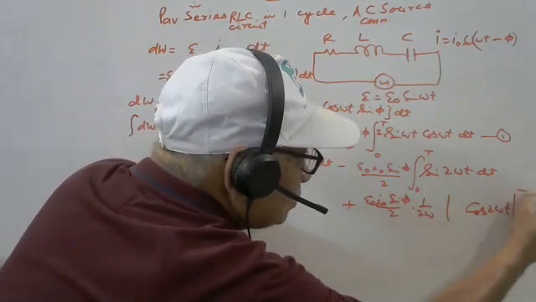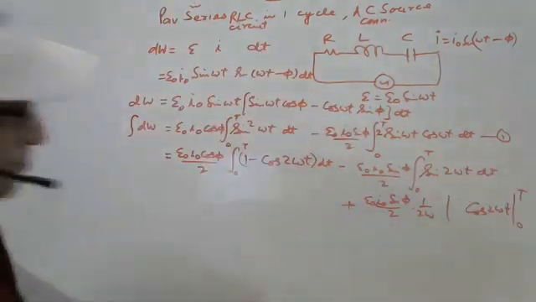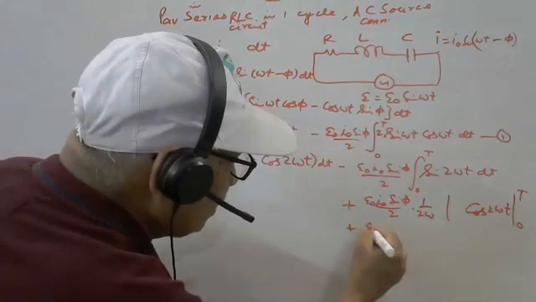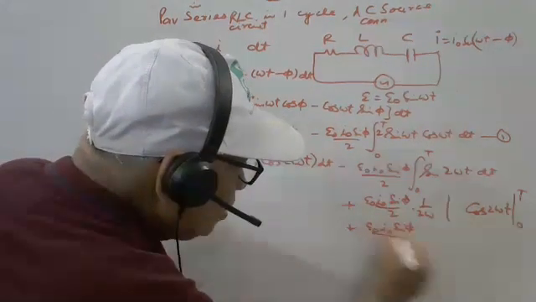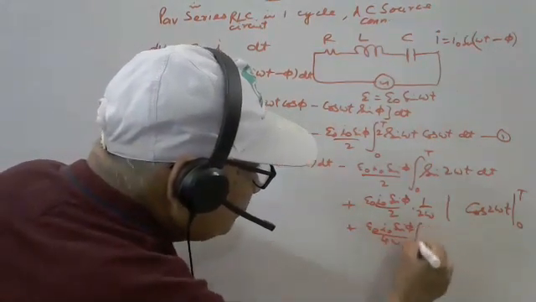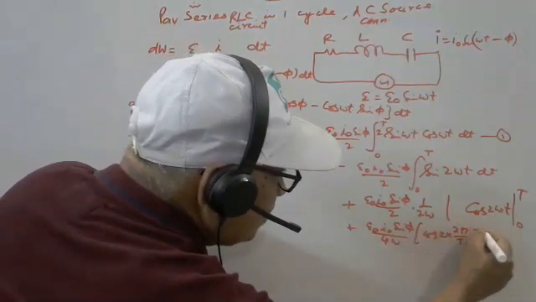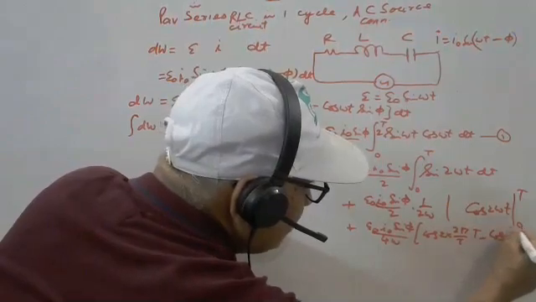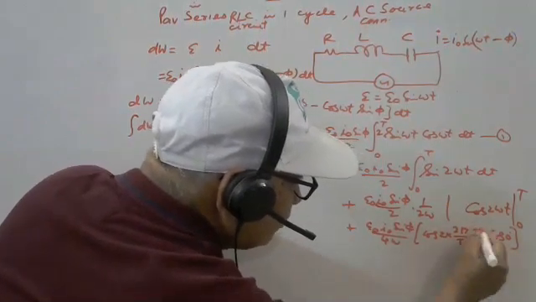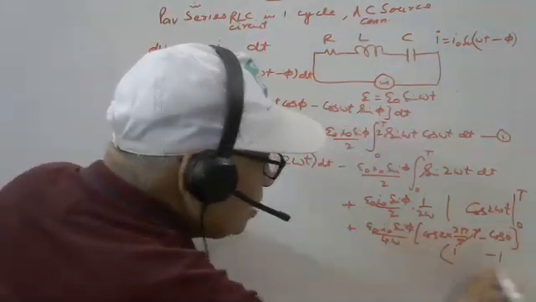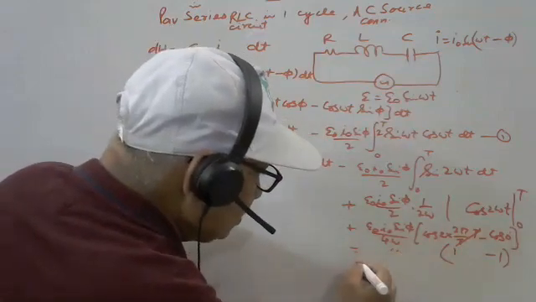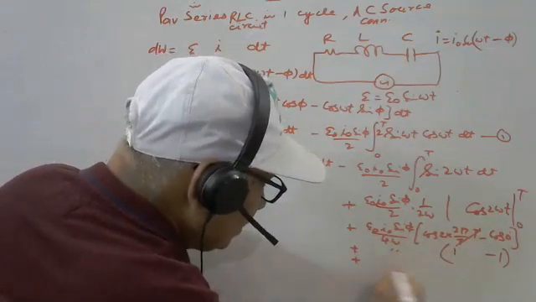Putting the limit 0 to t, it will become what? The same thing, 4 omega, and cos 2 into 2 pi by capital T upper limit minus cos lower limit. It is minus 1. It is what? Cos 4 pi plus 1. So again the same thing, it is 0.